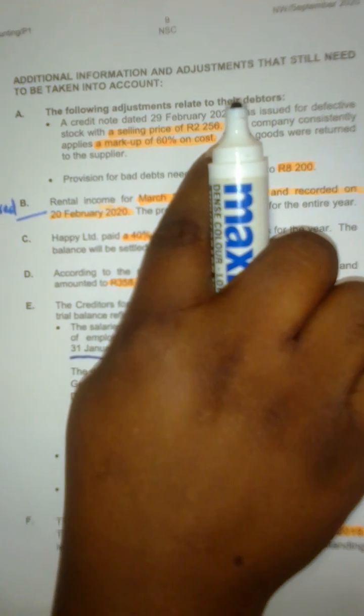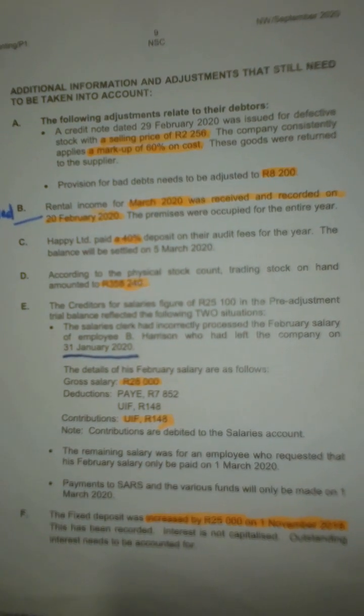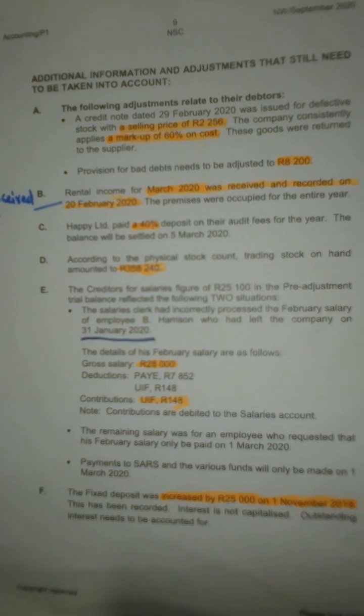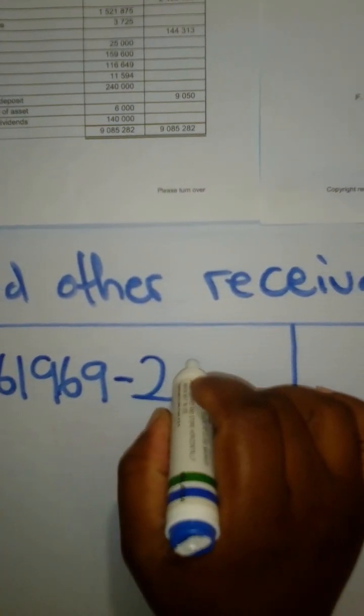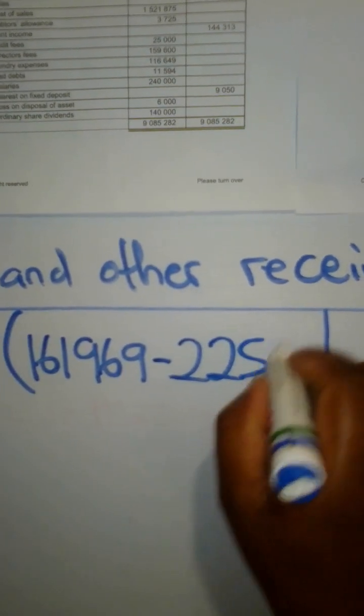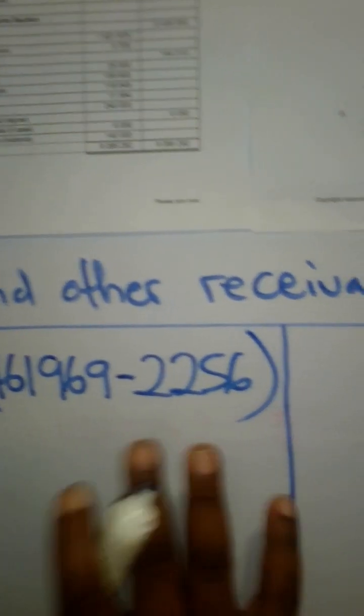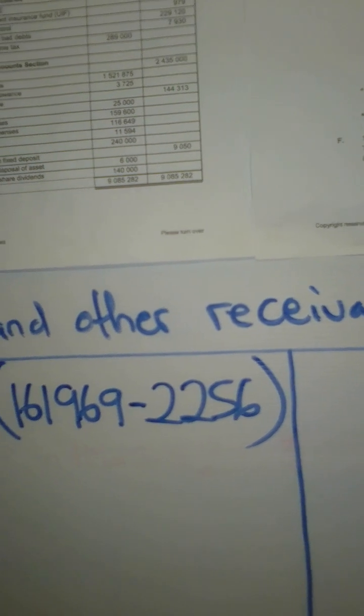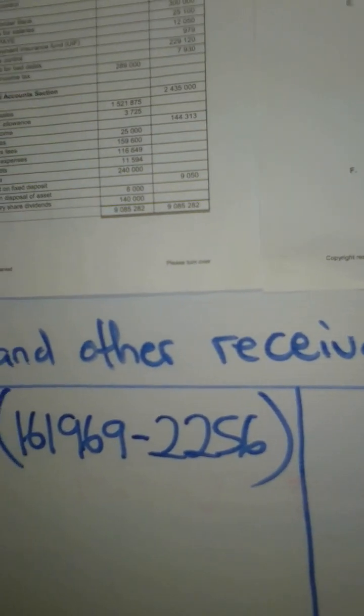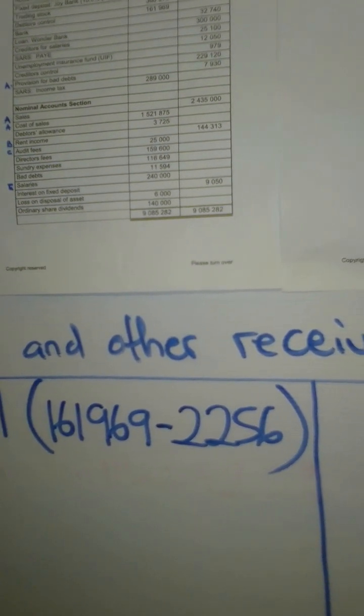So there were goods that were sold to the debtors, 2,256. Remember, they were returned. Thus, we are supposed to reduce our debtors control by that amount. Okay, it's 2,256. Let's subtract and find out how much it's going to be. We'll remain with 159,713.